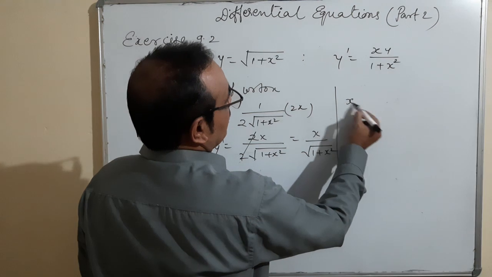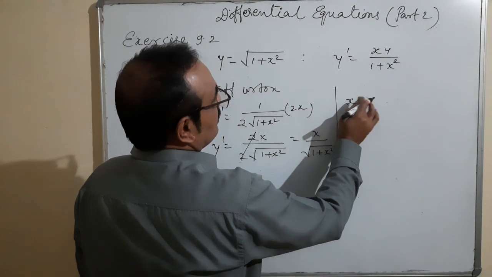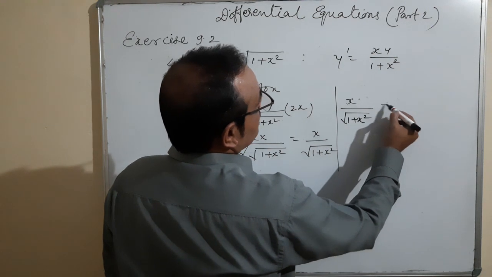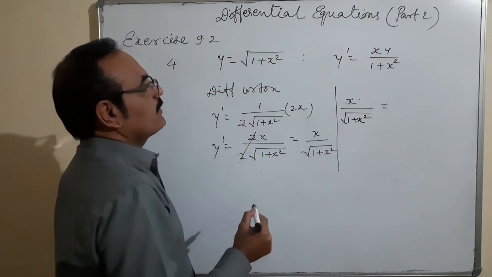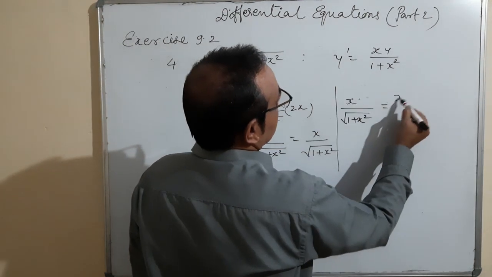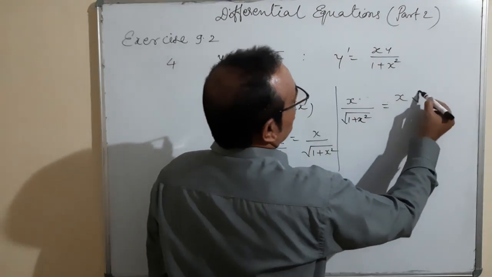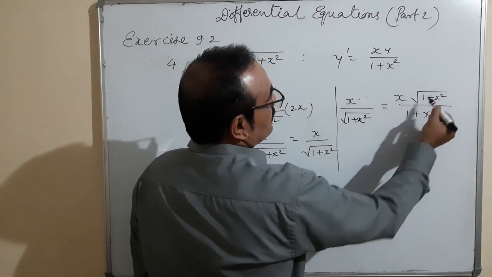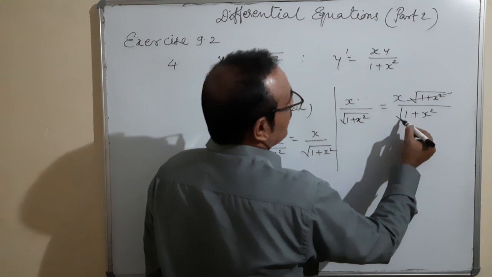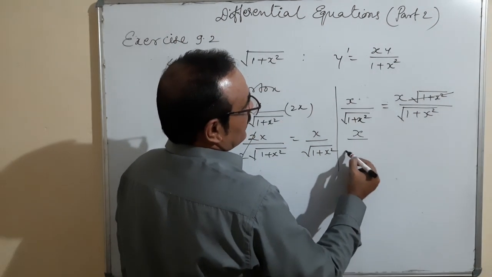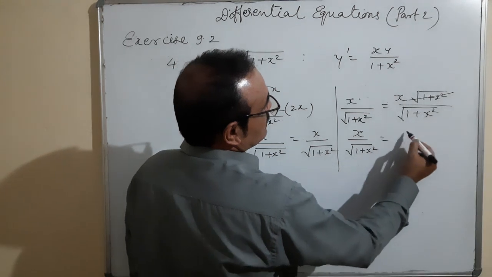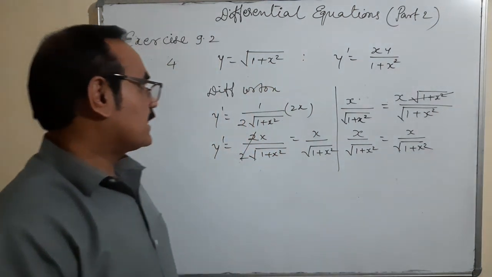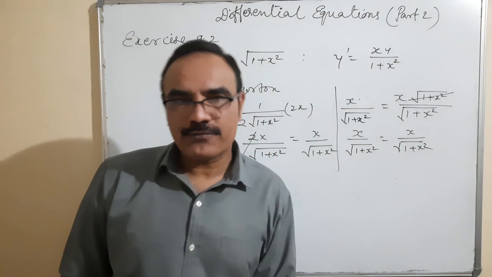Y dash is equal to x upon under root 1 plus x square, is equal to xy, so I can write here x as it is, and in place of y, under root 1 plus x square, upon 1 plus x square. Is it okay? So this under root 1 plus x square will be cancelled by root times. So what is coming? X upon under root 1 plus x square is equal to x upon under root 1 plus x square. Okay, verified. So that means y is equal to under root 1 plus x square is the solution of it.